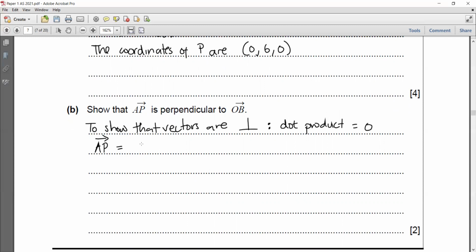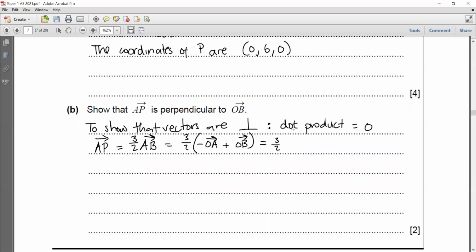So AP is 3/2 of AB, and we know that AB is negative OA plus OB. I'm going through it a little bit fast because this is something that we have done already.